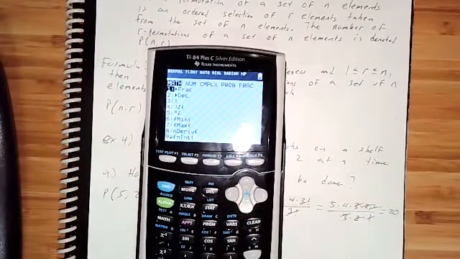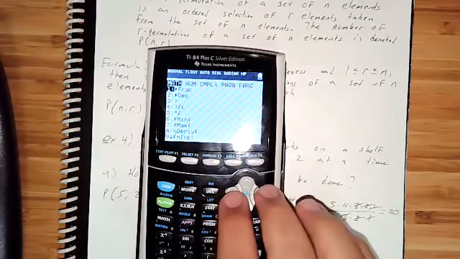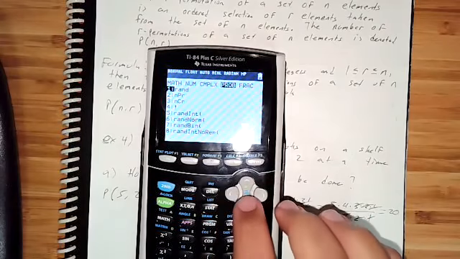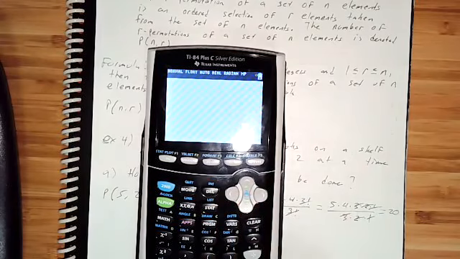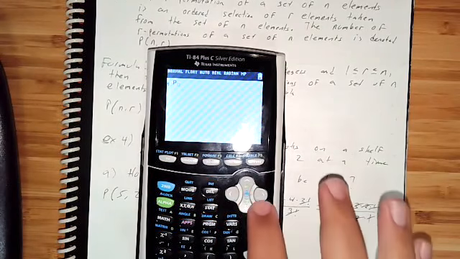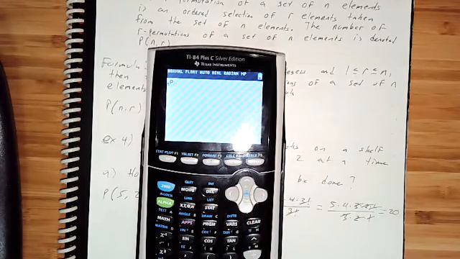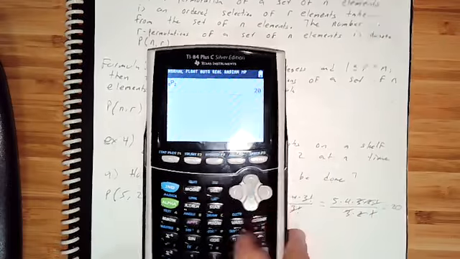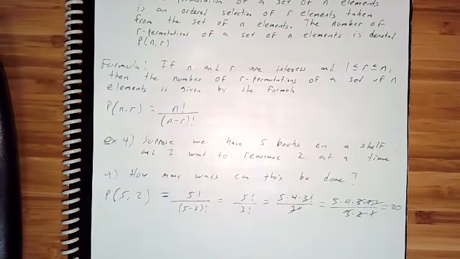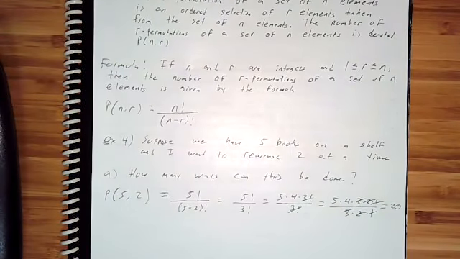That's better. Hit the math button, go to probability, and then choose nPr. nPr requests the total number n, 5, and then the number you selected for r. So 20. It turns out to be the same thing as how I do it by hand, and this is how you can also do it with any scientific calculator.